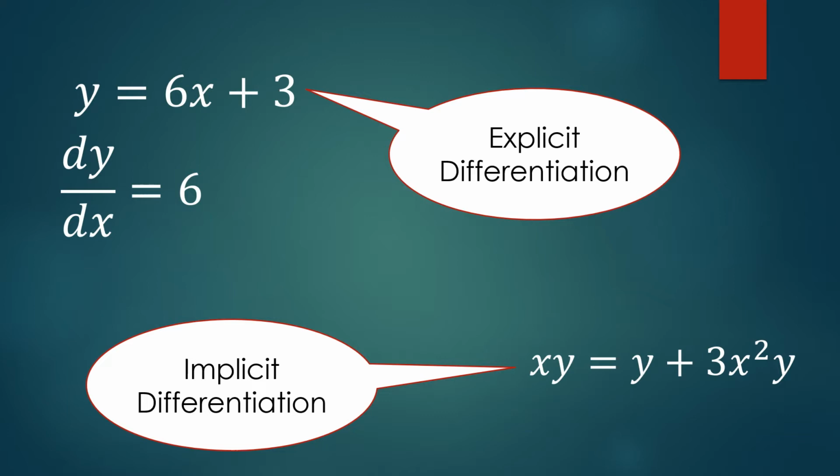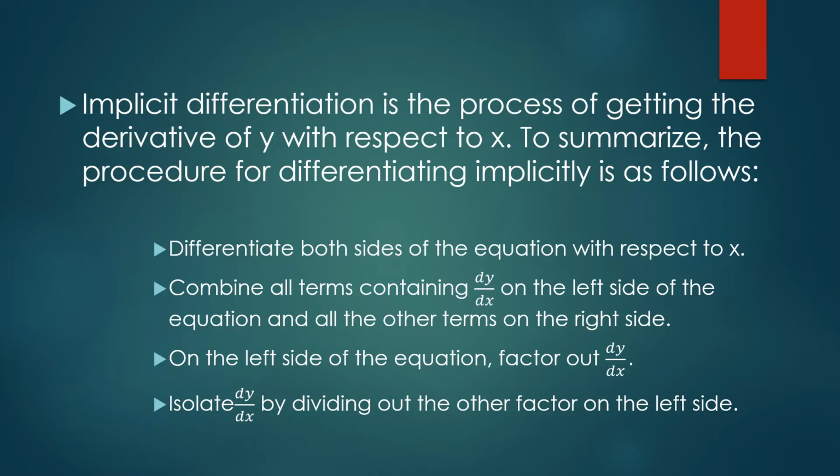So it is very complex na kunin yung derivative of y with respect to x. That's why we will use implicit differentiation. Implicit differentiation is the process of getting the derivative of y with respect to x.